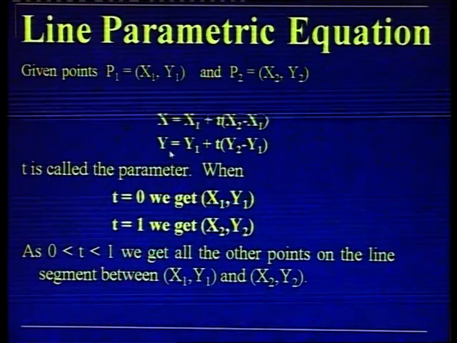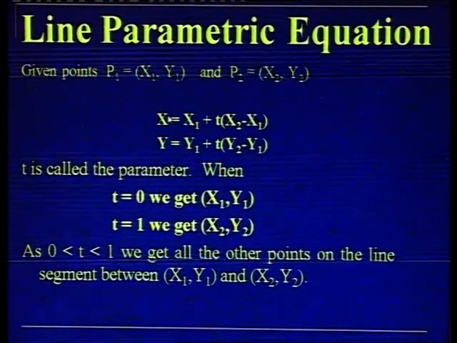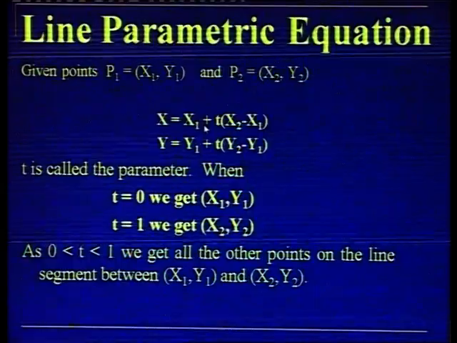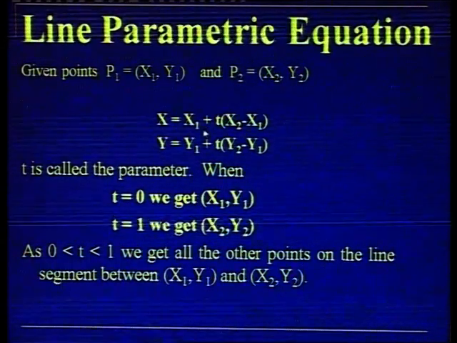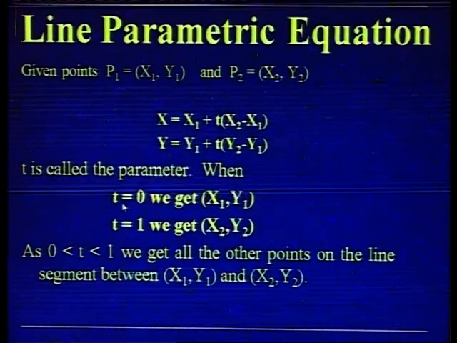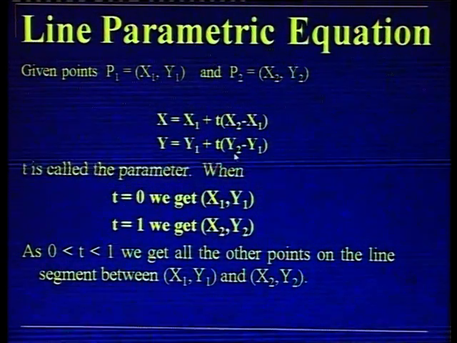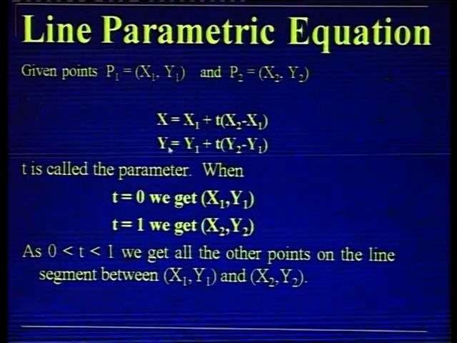The value of x and y will be x1 or x2, depending on the value of parameter t, and similarly y can be y1 or y2 depending on the value of parameter t.